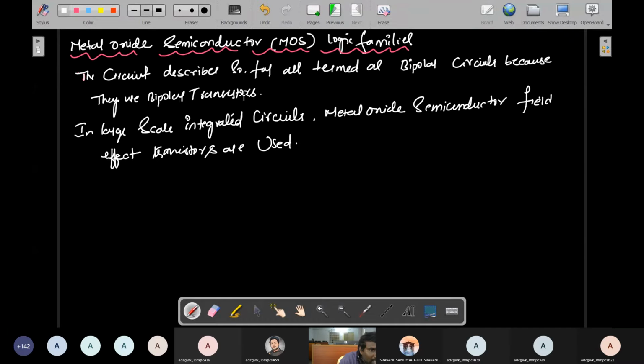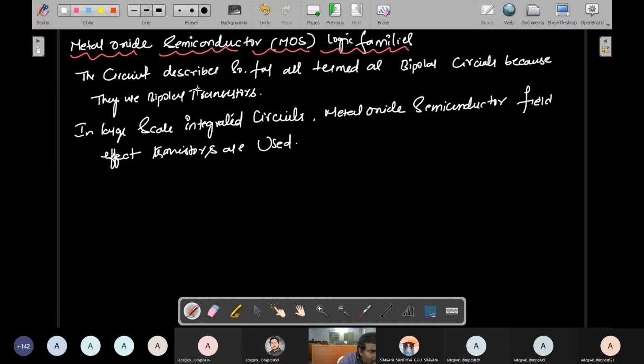But we are manufacturing large scale integrated circuits, and these are small scale integrated circuits. In small scale integrated circuits we can use only bipolar transistors to construct any logic family.